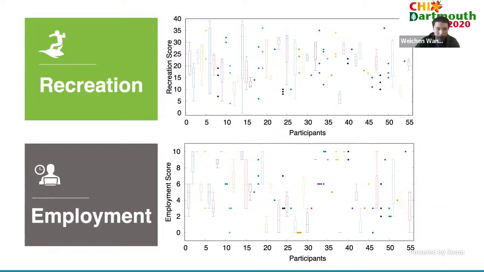Here, the figure shows the distribution of the social functioning score for the 55 participants, administered over 1 year, on 2 subscales, recreation and employment. The x-axis is the index of the participants, and the y-axis is the score of the subscale.